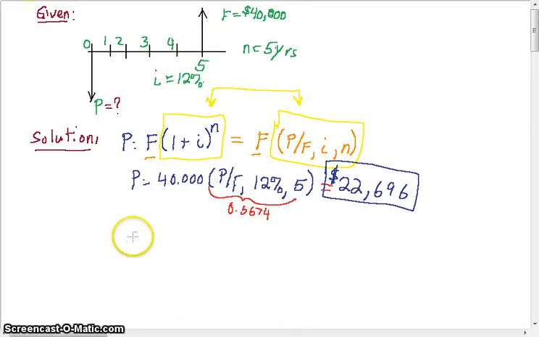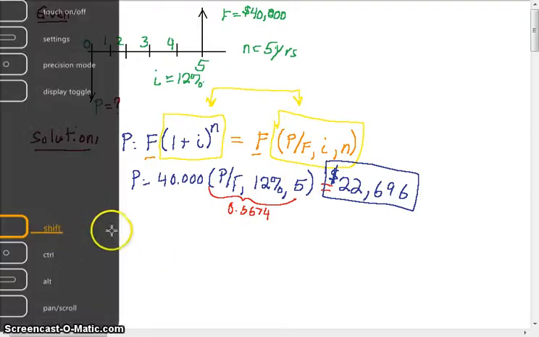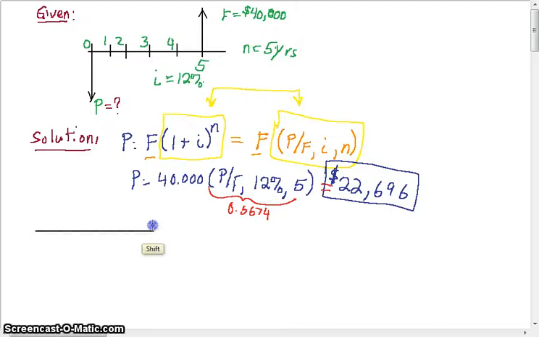And this time, we'll use the same cash flow diagram. Because of space, I'm going to make it a little bit smaller. 0, 1, 2, 3, 4, 5 years, it says.